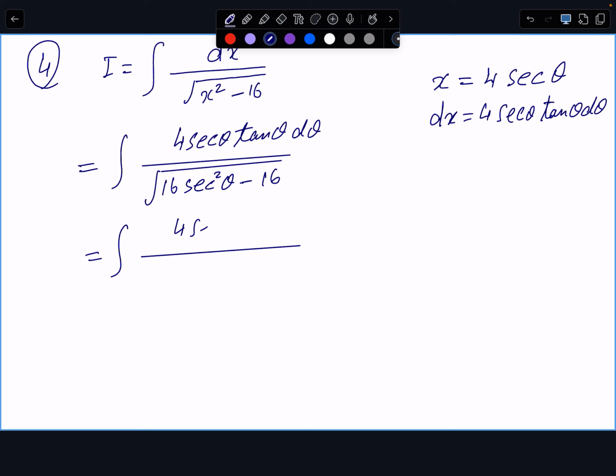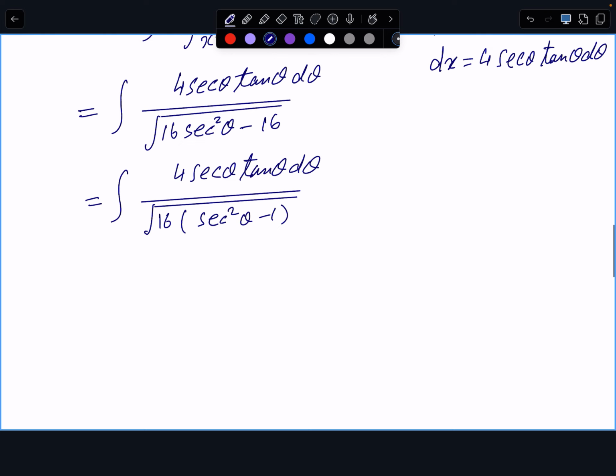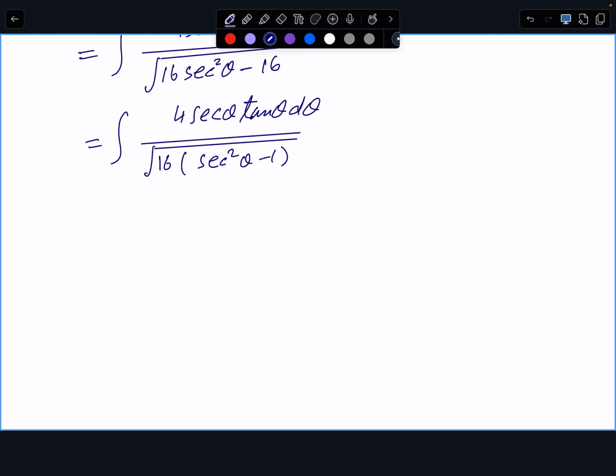There's 4 secant theta tan theta d theta divided by 16 as common factor, secant squared theta minus 1, and this is going to be under the square root. 16 comes out, becomes 4.